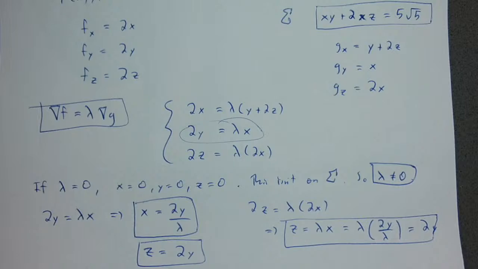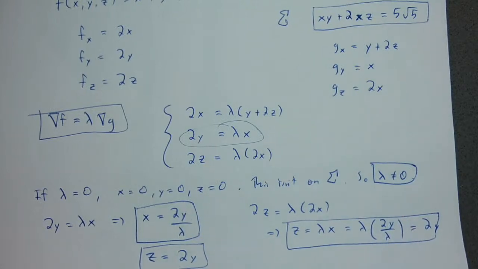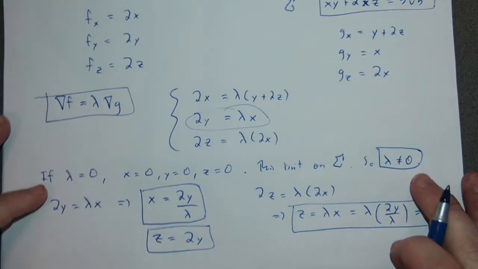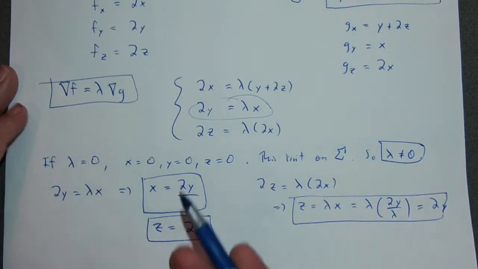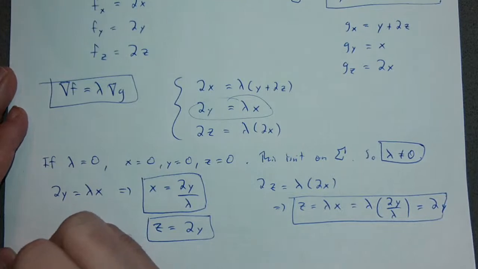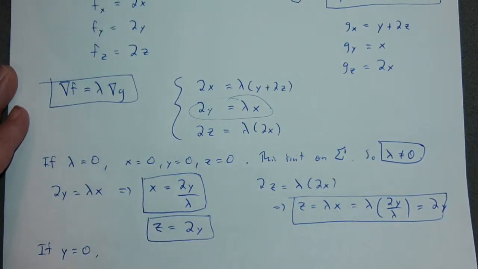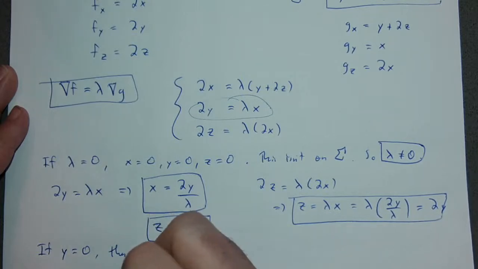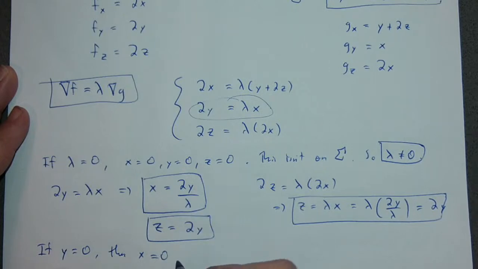Well, now we have put both x and z in terms of y. We already know that lambda is not 0. But the nice thing about putting both of these variables in terms of y is now I can ask the same thing about y, right? If y is equal to 0, then x is equal to 0, since x is 2y over lambda.